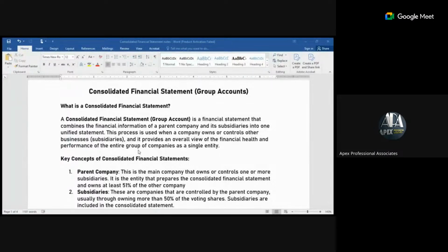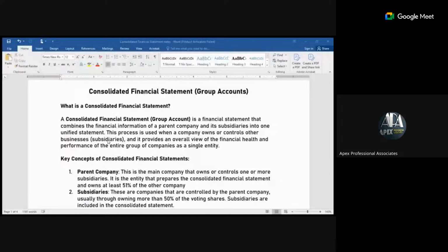It doesn't make you a parent of that company. The percentage shareholding you have would go a long way to determine if we should look at it as a parent-subsidiary relationship or as just a normal investment in that company. So that is why the percentage is important. You need to remember that.